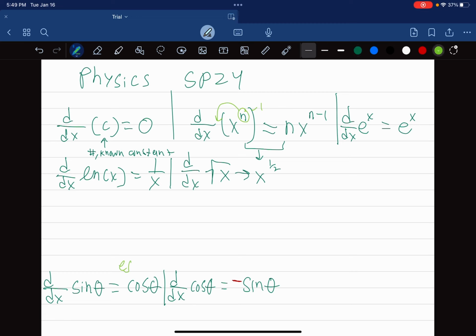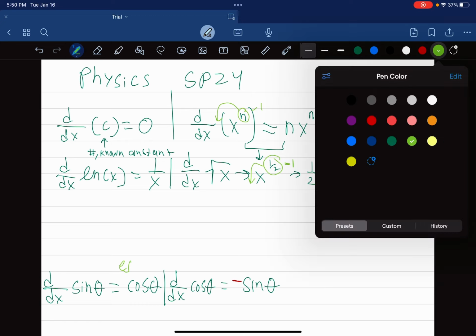So from there we can take the 1 over 2, bring it down, then subtract it by 1, which is going to give us 1 over 2 x to the power of 1 over 2 minus 1. That 1 is the same as 2 over 2, so minus 2 over 2, which is going to be negative 1 over 2.